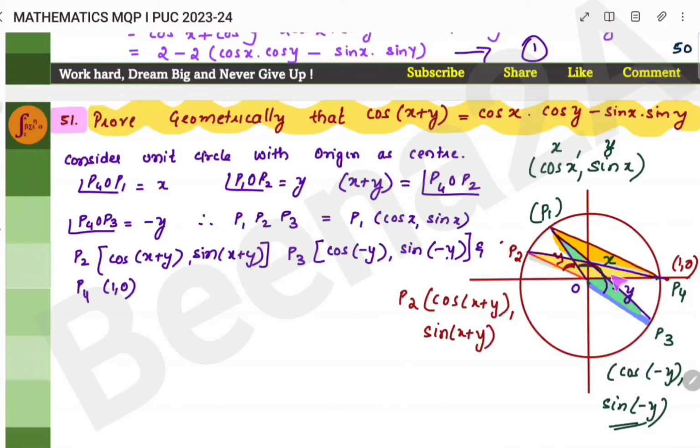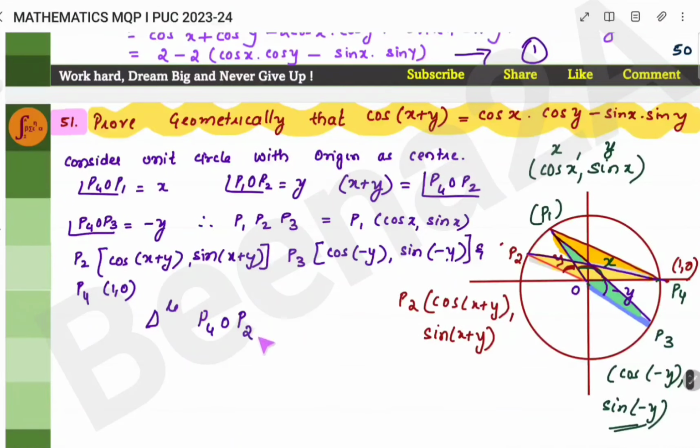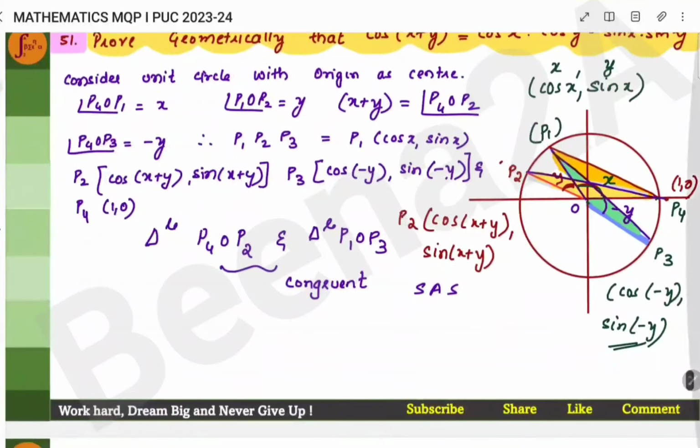Now if you notice these two triangles, triangle P4 O P2 and triangle P1 O P3 are congruent. How? If in two triangles, two sides and the angle between those sides are the same, then we can call both the triangles congruent.